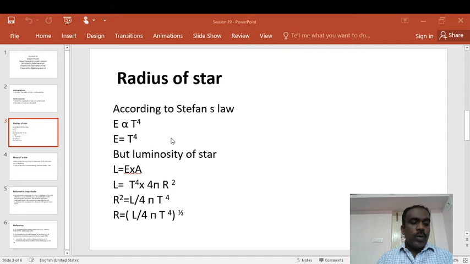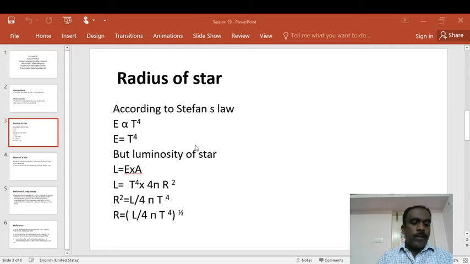L is equal to energy into area, E into A. Using the above equation, E is sigma T to the power of 4. So L equals sigma T to the power of 4 into 4 pi r square.